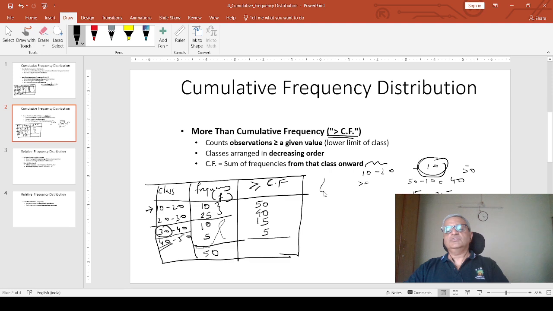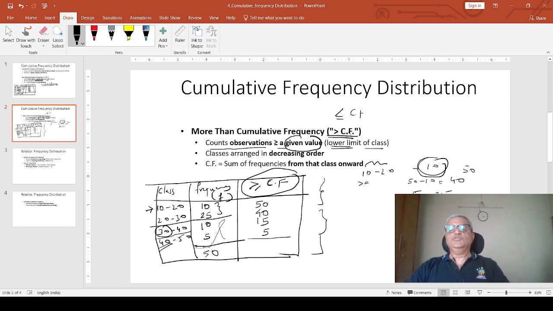So this is my greater than or equal to cumulative frequency table. Okay, just see, it counts the observations greater than or equal to a given value, and that given value is the lower limit of a class. In the previous example, for the less than or equal to CF, we used the upper limit of the class.